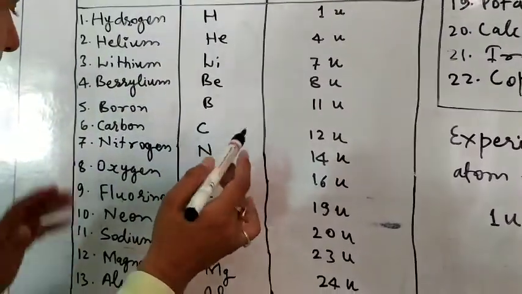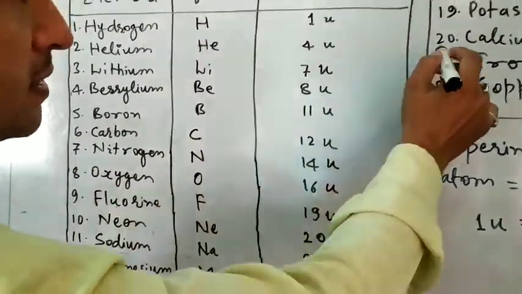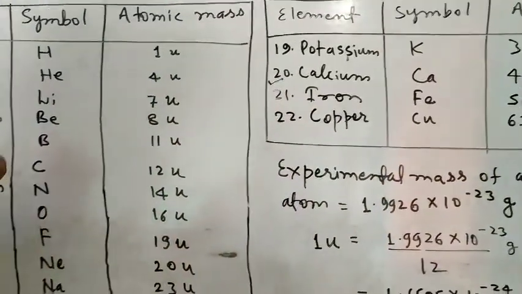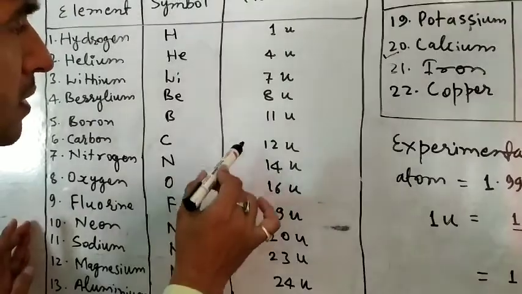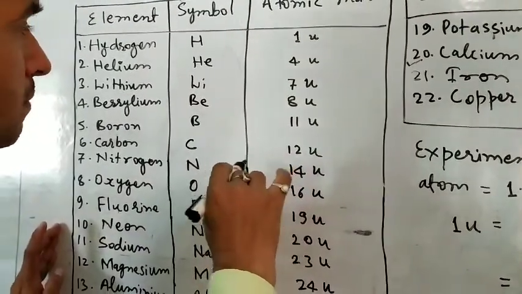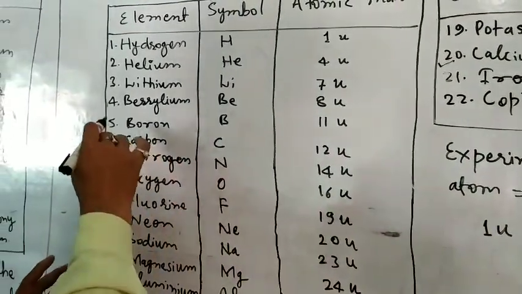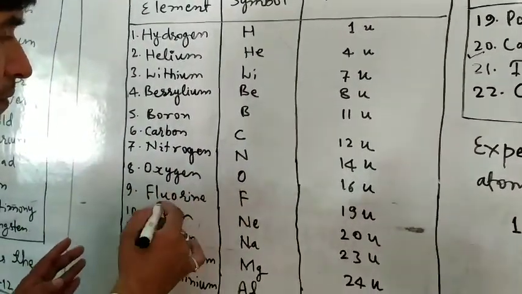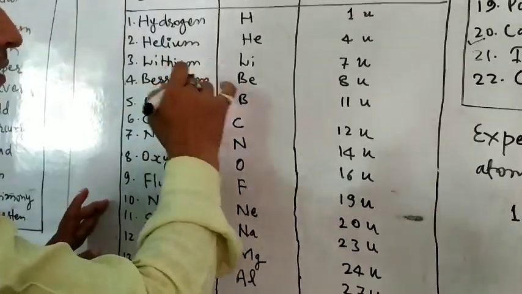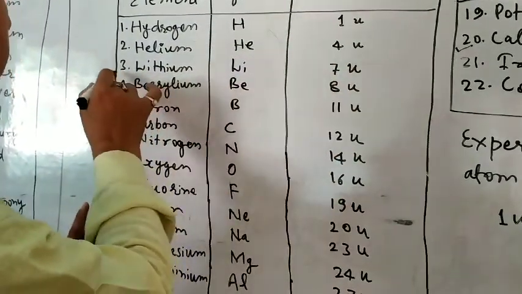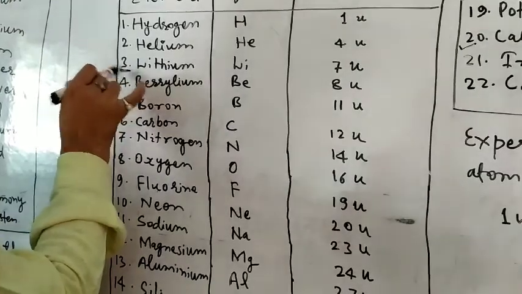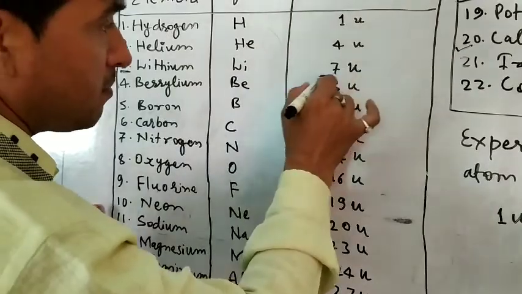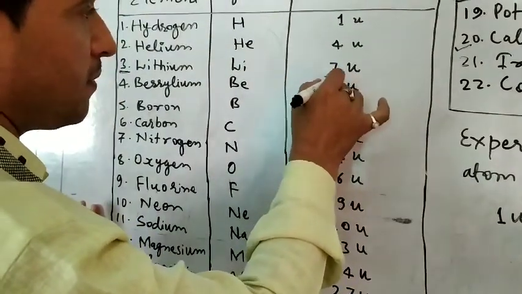Up to 20, all the even numbers have double the mass of their atomic number, and the odd numbers have double plus 1. For example, lithium has atomic number 3, and its mass number is 3 times 2, which is 6, plus 1, so 7.